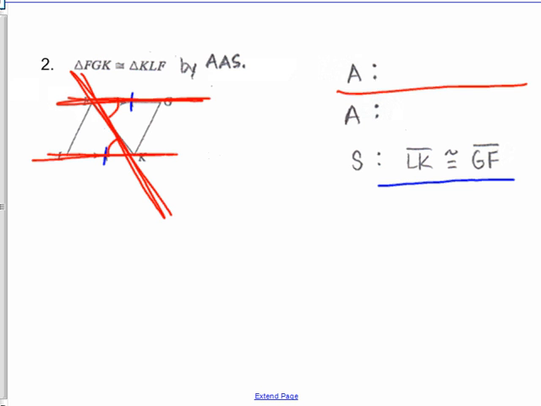Because those are alternate interior angles. So I'm going to say angle GFK is congruent to angle LKF.